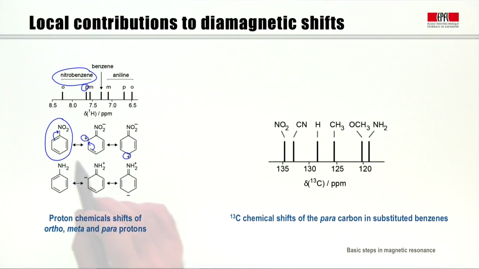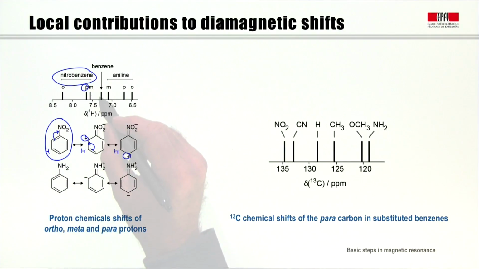It's a bit paradoxical because in the resonance structures, there's really no need to say that the ortho plus is dominant over the para plus, but you see that at least empirically it turns out that the effect is most pronounced for the ortho and very little for the para. Meanwhile, according to this argument, the proton in the meta position, that's this one here, should not be affected at all. Well, it is also affected somewhat with respect to benzene, but apparently that's a different effect than the resonance effect.